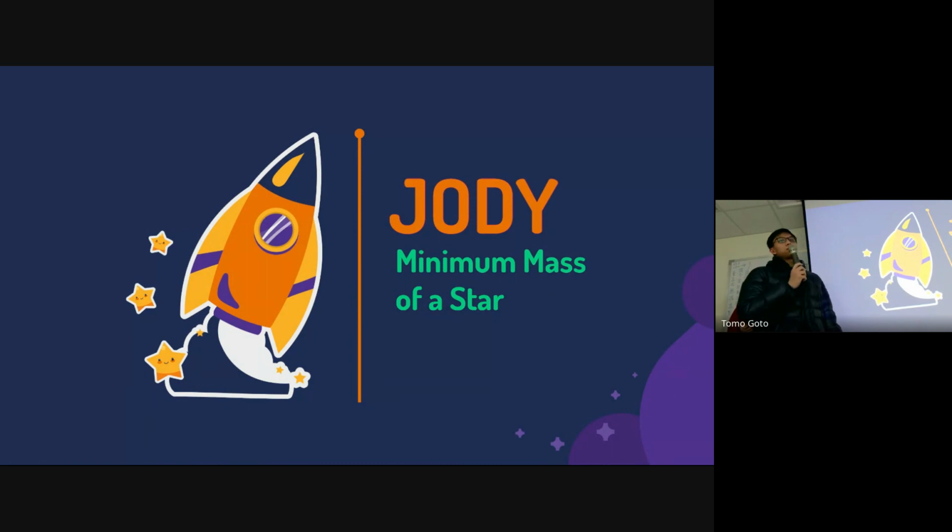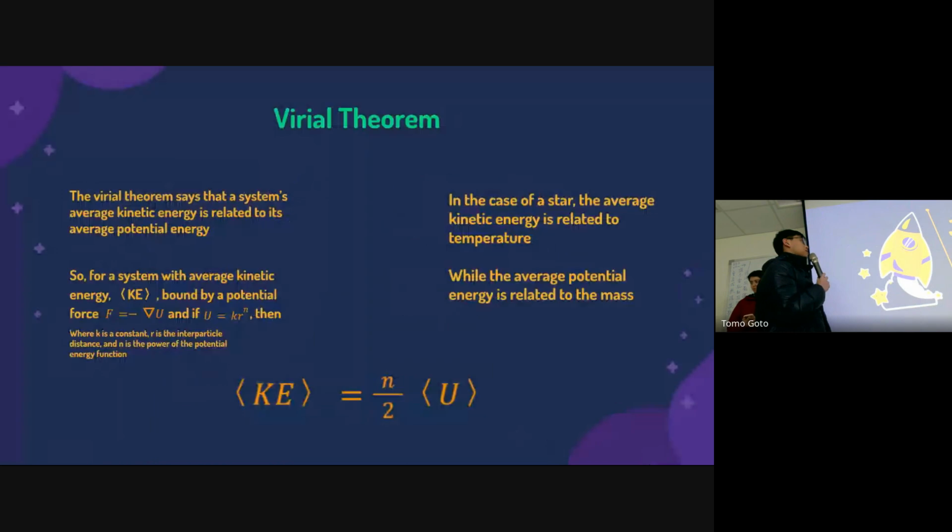Okay. I'm going to talk about the minimum mass of a star, the theoretically possible minimum mass of a star. To derive this, we have to use the Virial theorem. It says a system's average kinetic energy is related to its average potential energy.